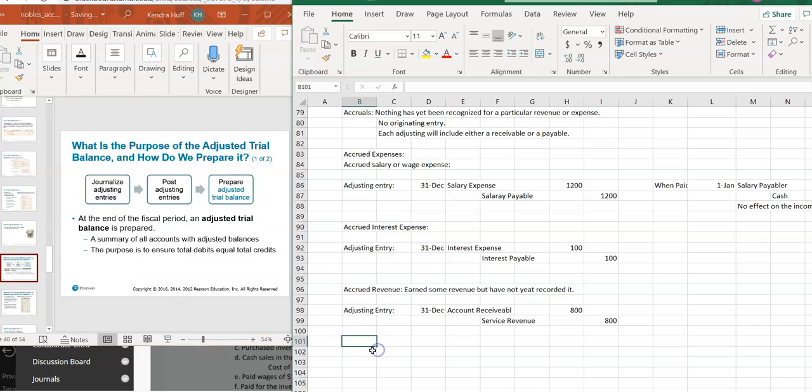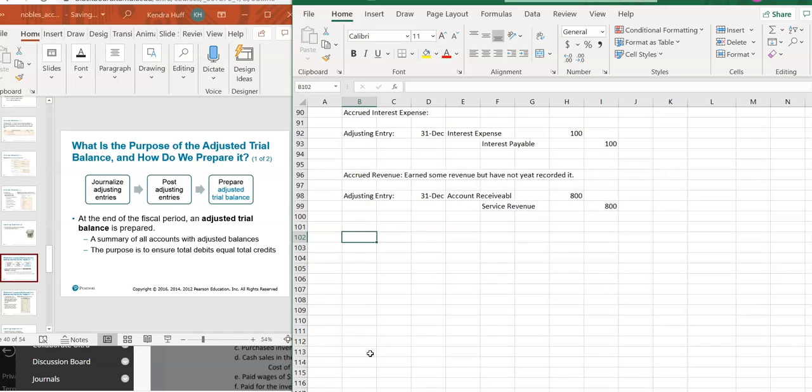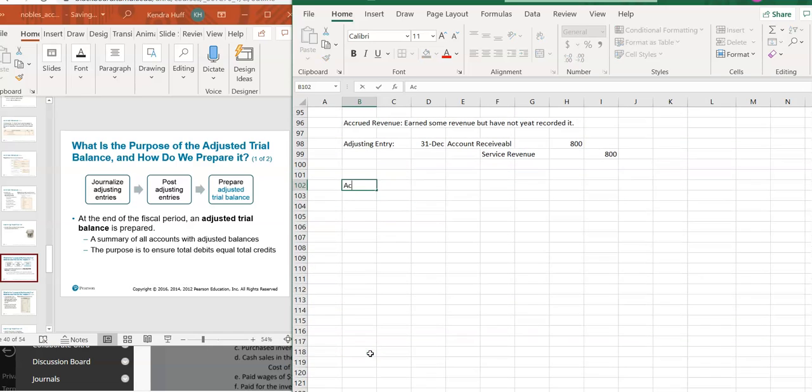Okay, so then the next step, I don't know if you remember that little accounting cycle that I did back in the beginning. So I did this accounting cycle list, and there were a couple steps to it. The first step was journalize daily transactions, and we did that in chapter 2.